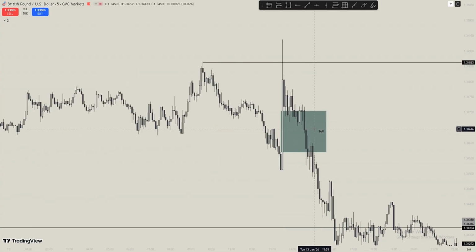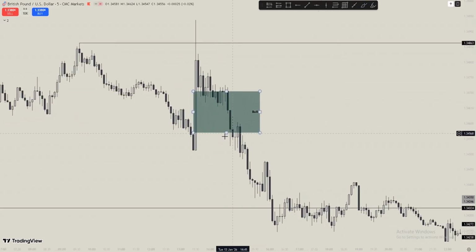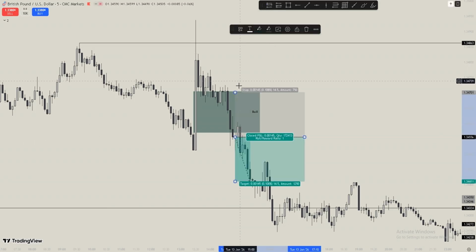So after that, what we are looking for is confirmation whether it will go up or just break and retest and go down. So it broke here, closed below it, and then retested. So we look for the retest, the candle close, and then we enter a trade.